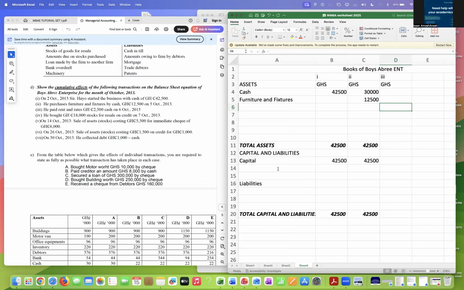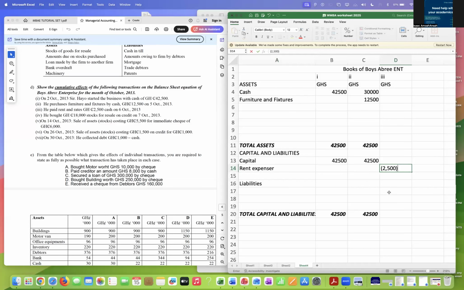Rent and rate expense. Because it's an expense, it will be negative. How much is it? We paid rent of 2,500. In which form did we pay the rent?